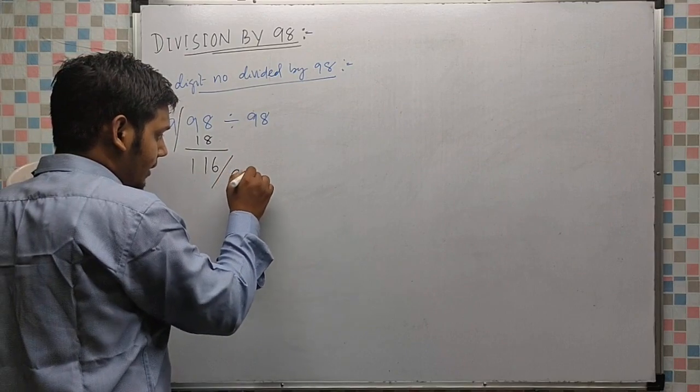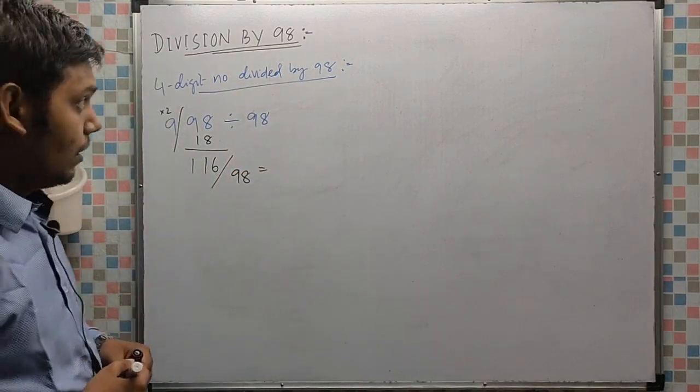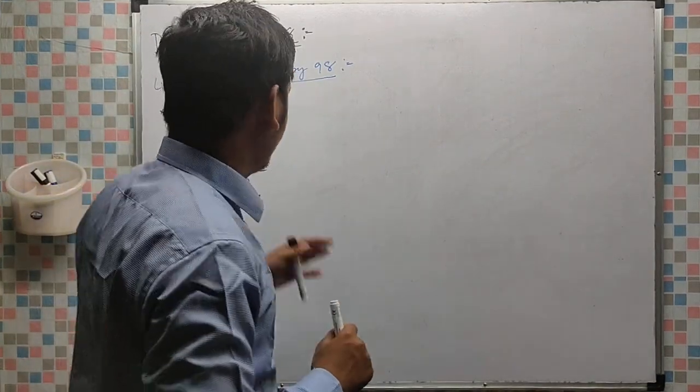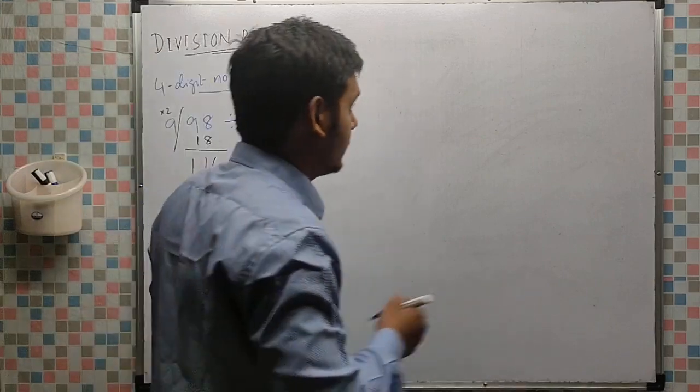116 divided by 98. What I told you, three conditions I will write that will help you in 4-digit and 5-digit numbers also.